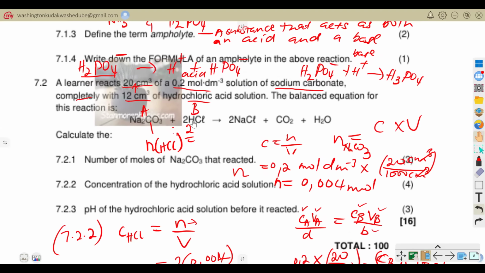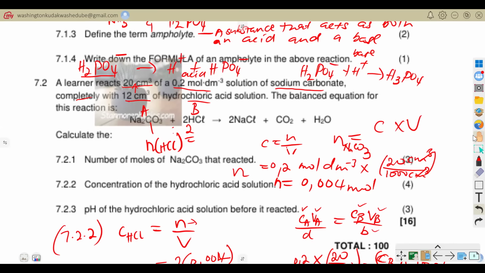If HCl dissociates, it will have H plus and Cl minus. So the concentration of H plus is equivalent to the concentration of HCl. We take the initial concentration of HCl, which is equivalent to the concentration of H plus ions formed.